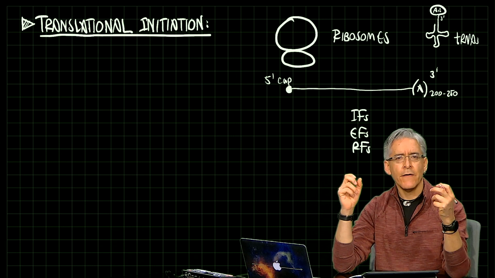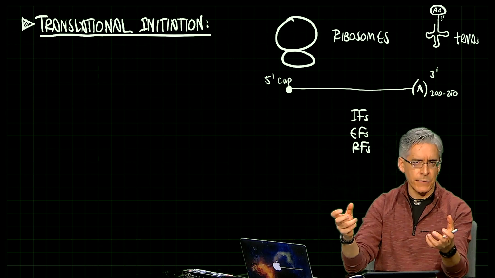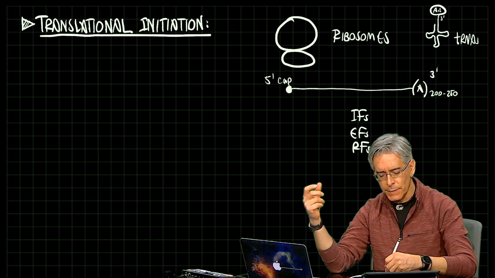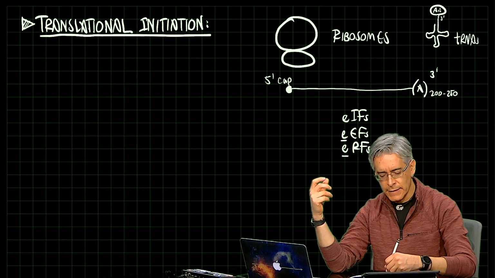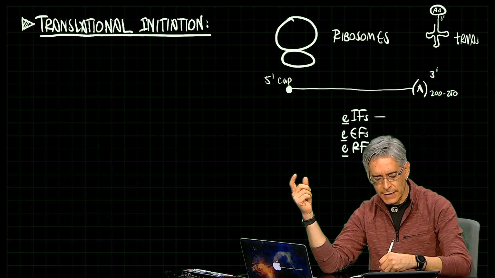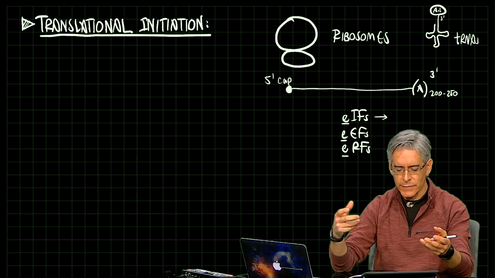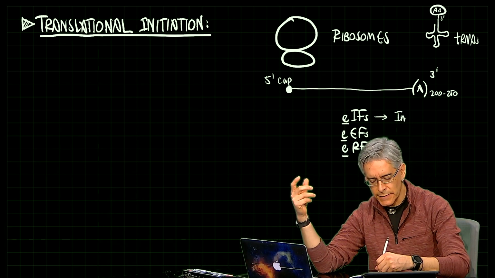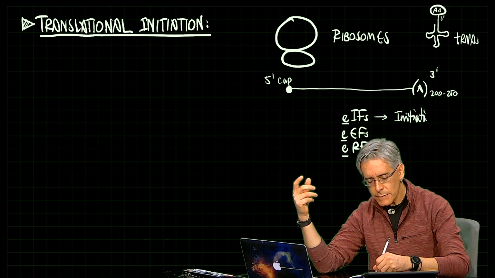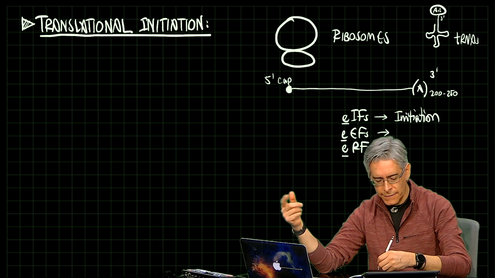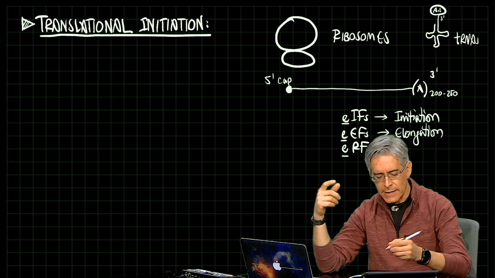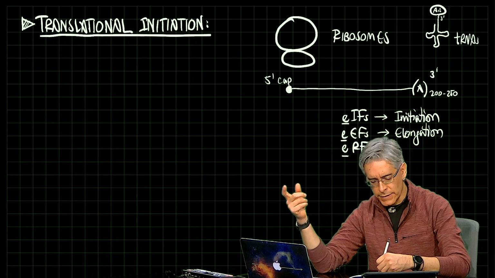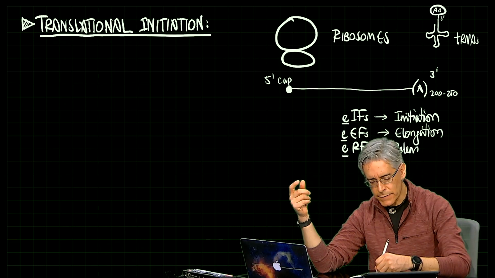Now, since we are focused on what happens in eukaryotic cells, all of these factors will be referred to as E, E for eukaryotic. So eukaryotic initiation factors, that's the first group of factors, the ones that are involved in initiation. Then the eEFs, the eukaryotic elongation factors, and then the eRFs, the eukaryotic release factors.